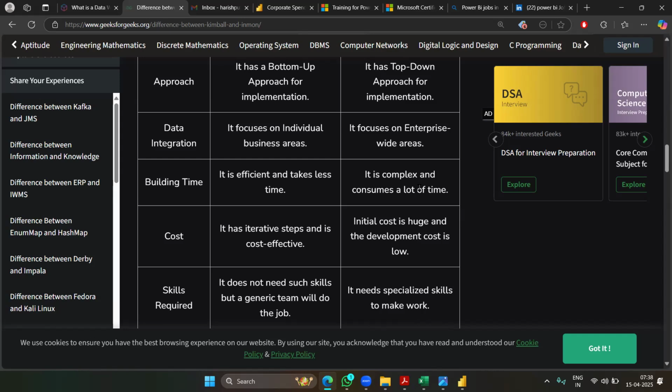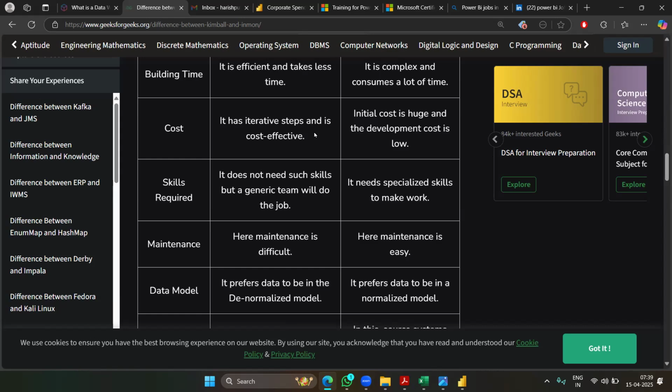Inmon is going to be complex because we need to get all the departments in one place and draw the lines for how they are interconnected, and accordingly create the tables and database. Kimball has iterative steps and is cost effective. In Inmon, the initial cost is huge and the development cost is low. Initial planning definitely has a huge cost, but further development cost is going to be low.